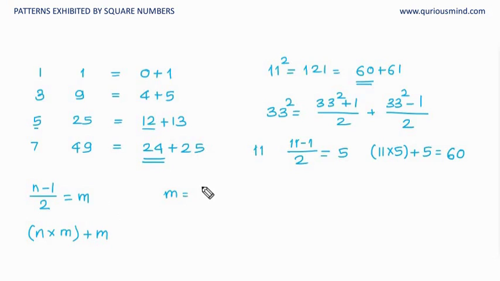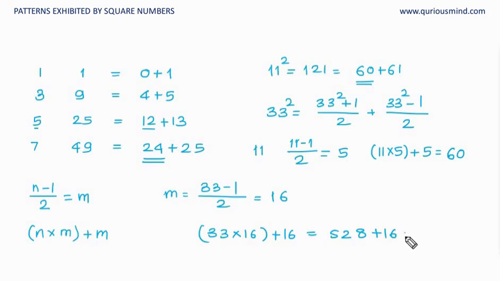M in my case would be 33 minus 1 upon 2, and that is 16. And so my first number would be n, n is 33, 33 into 16 plus 16. So 33 into 16 is 528, plus 16, and that's going to be 544. And the second number is 545. Did you get this?